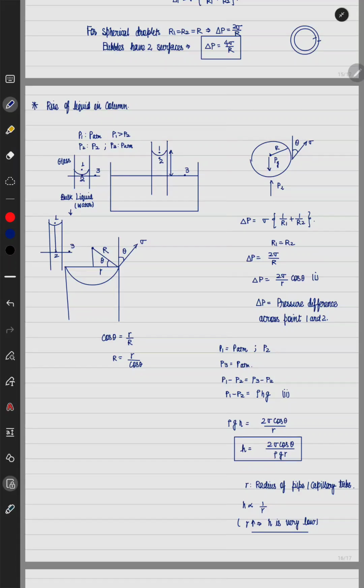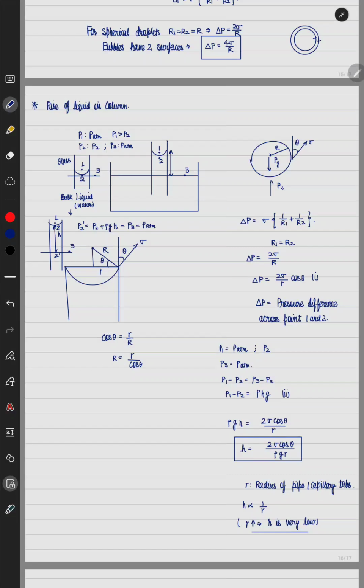Suppose the rise is given by H. So the pressure at point 2 is given by the pressure which was decreased, so I will have to add a pressure rho g H. Suppose this is 2 and this is 2 prime, so P2 prime is equal to P2 plus rho g H. Now the pressure at point 2 prime, after the capillary rise has happened, becomes equal to the pressure at 3, and this will be P2 prime is equal to P2 plus rho g H is equal to P3 is equal to PATM.